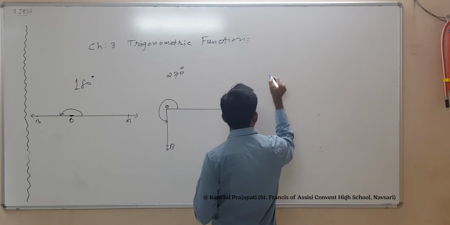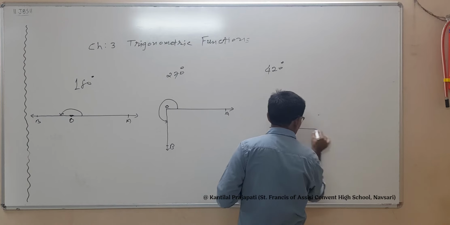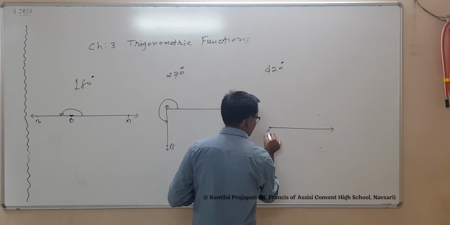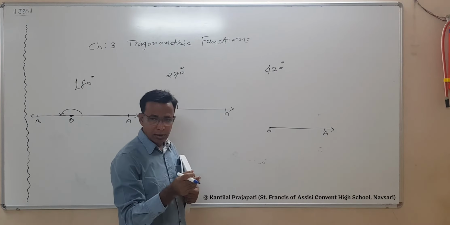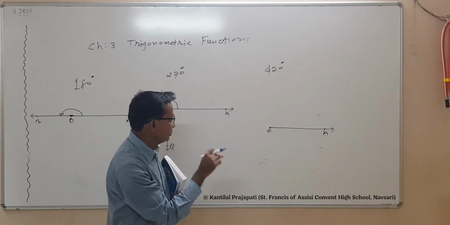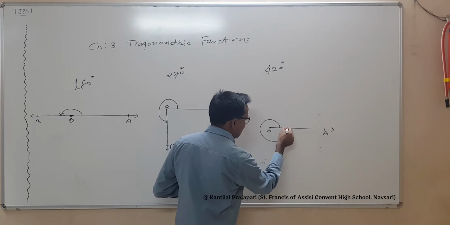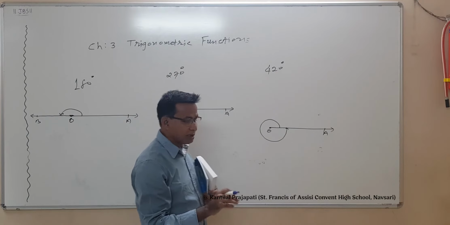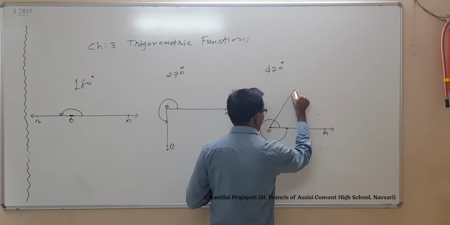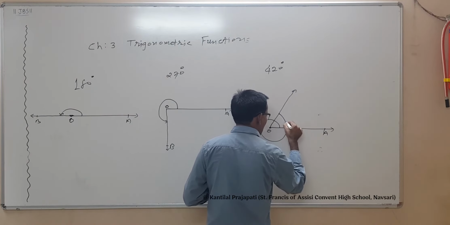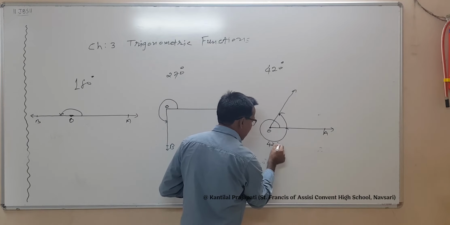Similarly, we do the 420 degree. OA. We have to rotate about O in anti-clockwise direction like this. See here, we complete one revolution and we get 360. 360 plus 60, that is 420. So this angle is 420 degree.